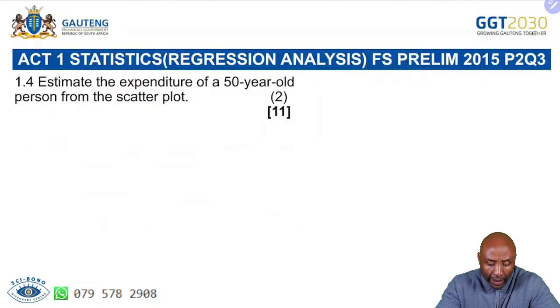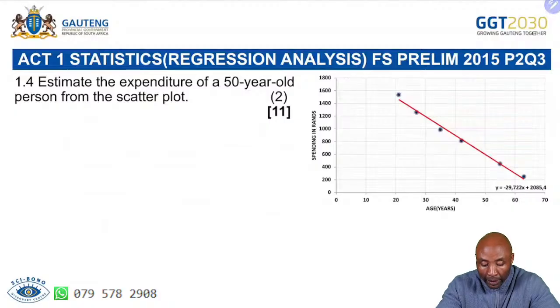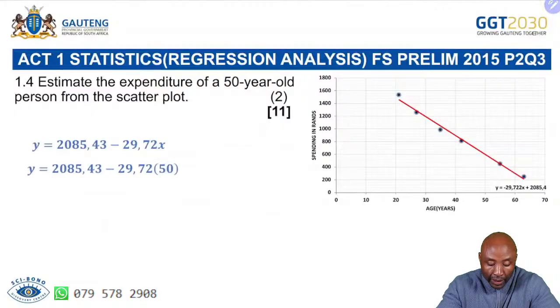We are supposed to estimate the expenditure of a 50-year-old person from the scatter plot. Now, we are going to use our equation. We substitute and we should get our solution as 599.43 rands, which is almost 600.